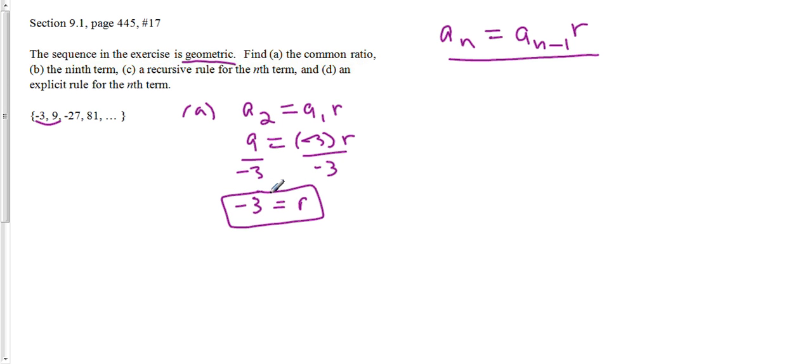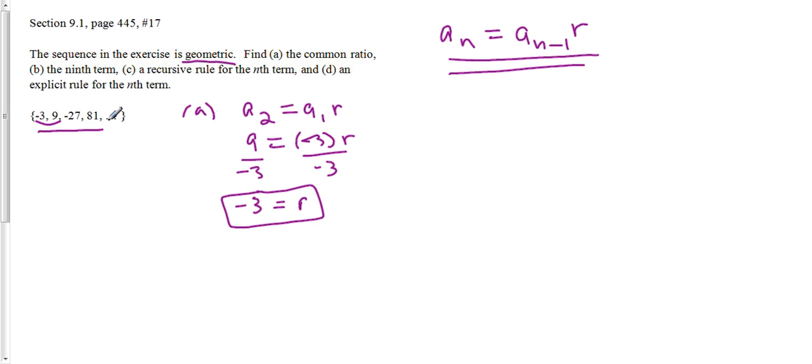All right. Well, part B asks us to find the ninth term. Now, we could use our recursive rule up here, which would mean in order to find the ninth term, we would need to know the eighth term. To find the eighth term, we would need to know the seventh, and to find the seventh, we would need to know the sixth, etc., all the way working ourselves back down to one of these terms that we know.